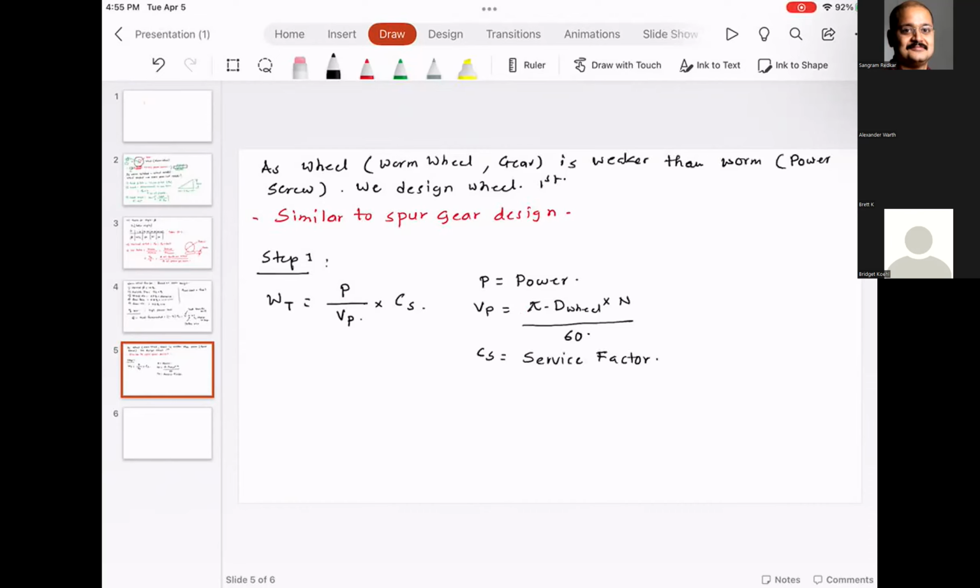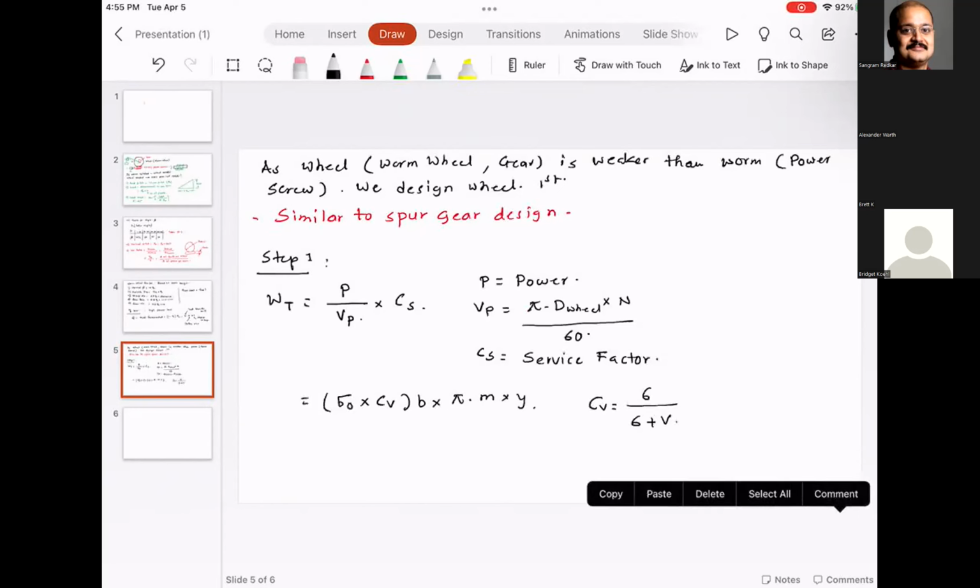Once you find out the value of WT, this value of WT has to be equated to sigma naught times CV multiplied by B multiplied by pi times M multiplied by Y. And CV is nothing but 6 divided by 6 plus V, where V is nothing but Vp.